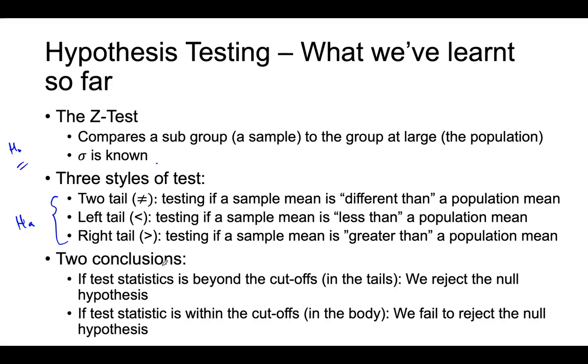Now, then we have the two conclusions. If the test statistic is beyond the cutoffs in the tails, we reject the null hypothesis. So we could kind of draw it like something like this. This is for the normal distribution. If the test statistic is in here, then we reject the null, and in this area, we accept.